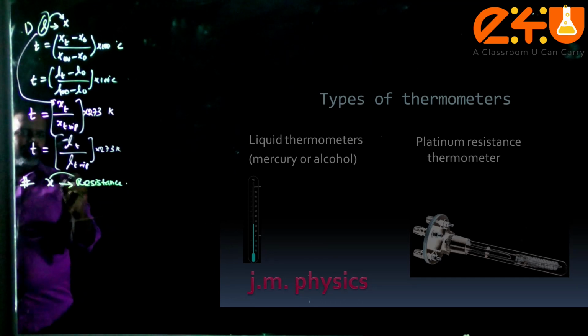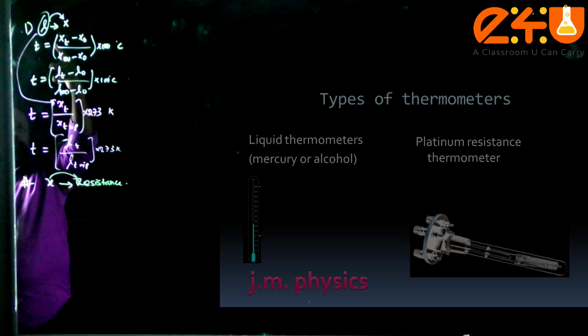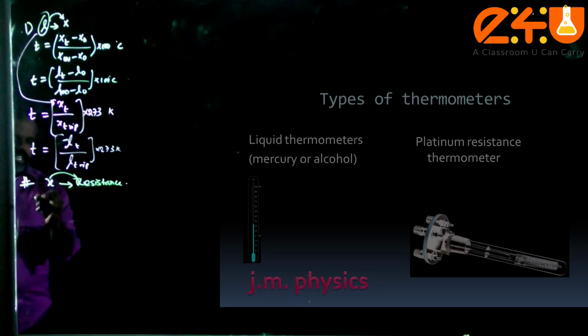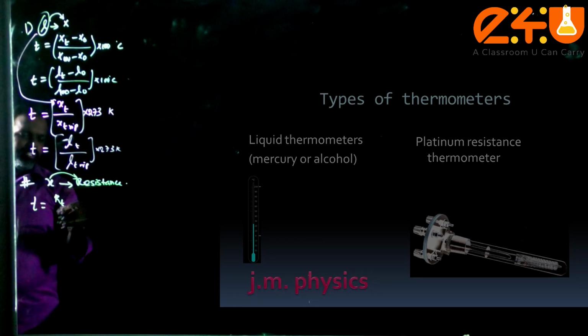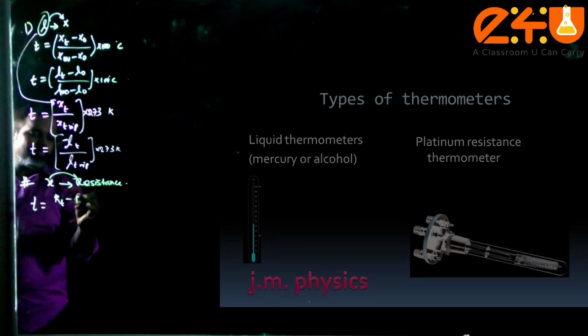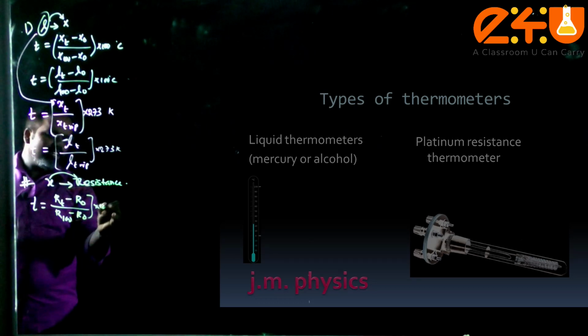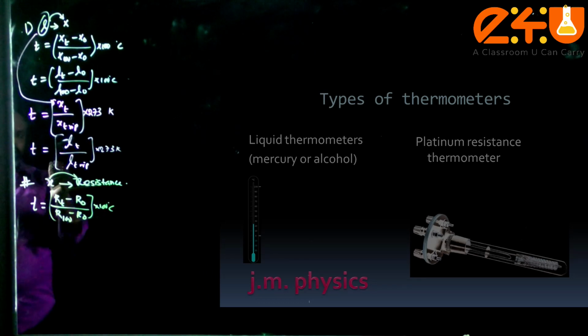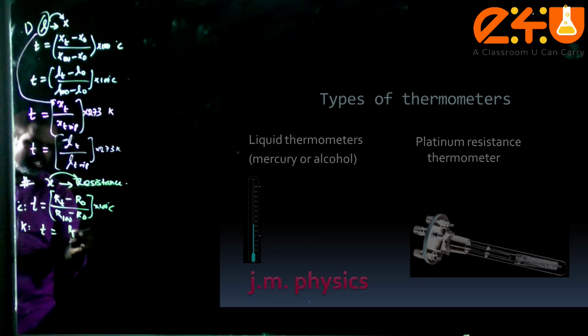In the general expression, we replace this, so we can write that T is equal to (resistance at t degree centigrade minus R naught, the resistance at 0 degrees) divided by (R100 minus R naught) into 100 degree centigrade. In the same manner, we can write for Kelvin also. This is for the centigrade scale, and this is for the Kelvin scale. We can write T is equal to Rt by R triple point into 273 Kelvin.